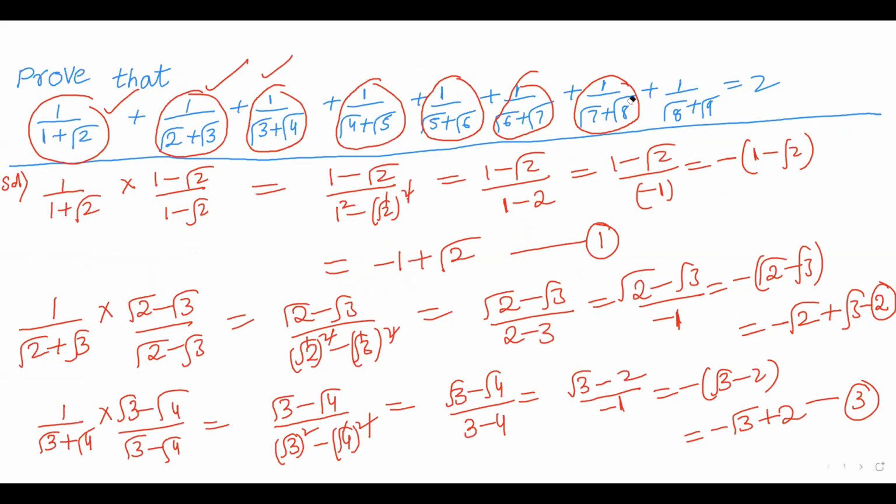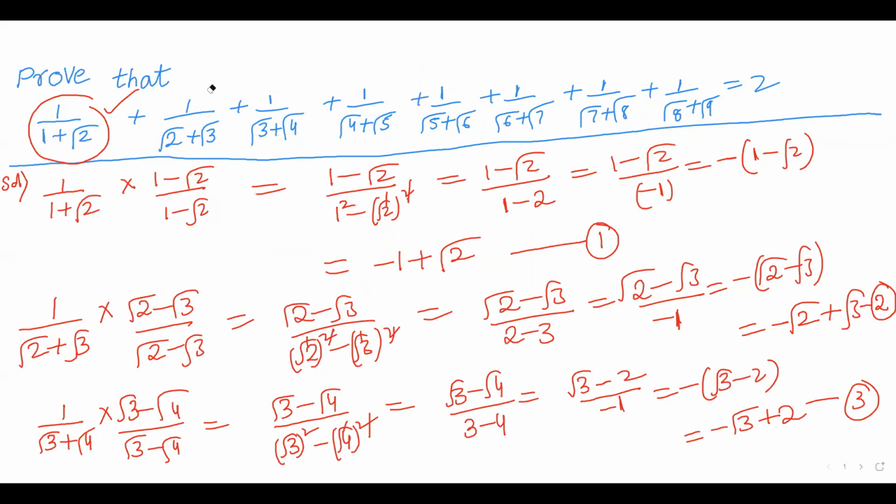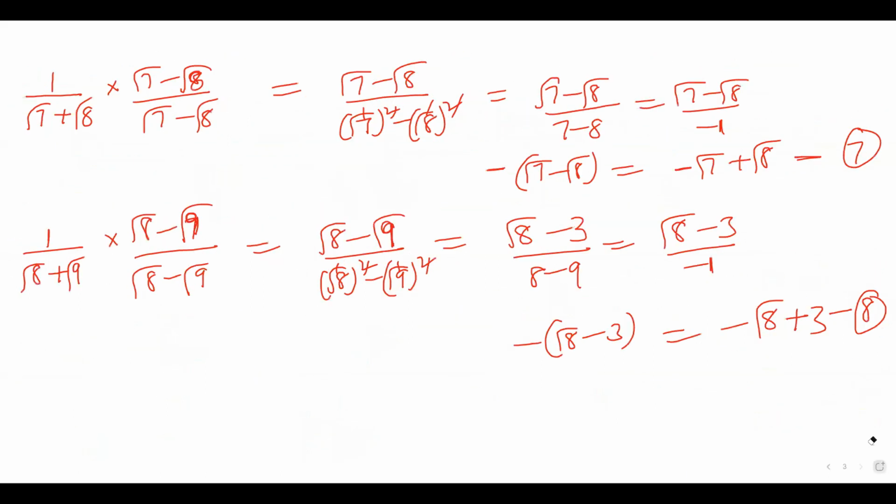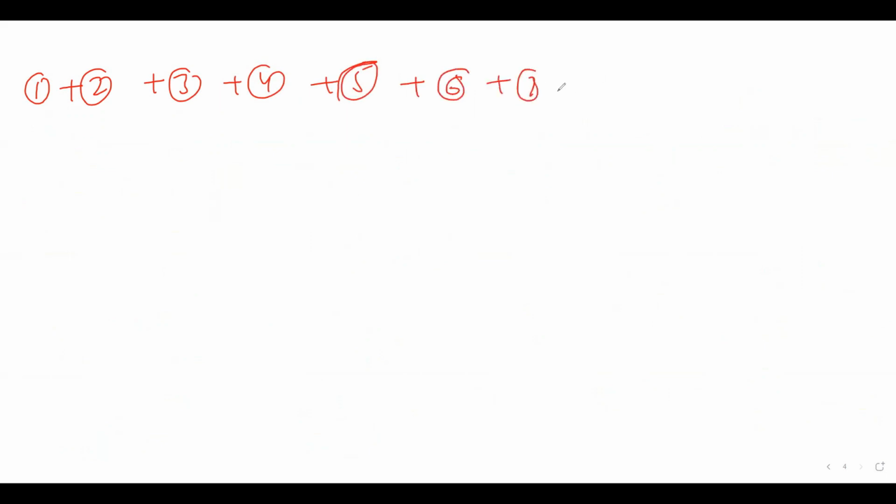So we have to add all these 8 terms, and on adding, we should get 2. So I will be writing all the terms, first term, second term, third term, all 8 terms, and I will add on the next page. We are going to add first term plus second term, third term, fourth term, fifth term, sixth term, seventh term, and eighth term.